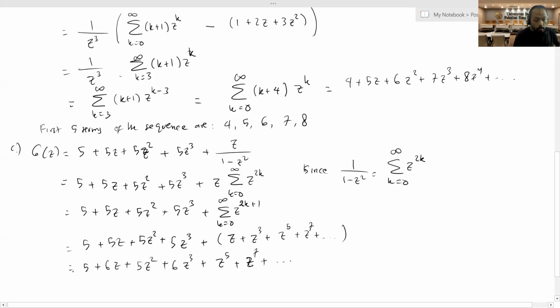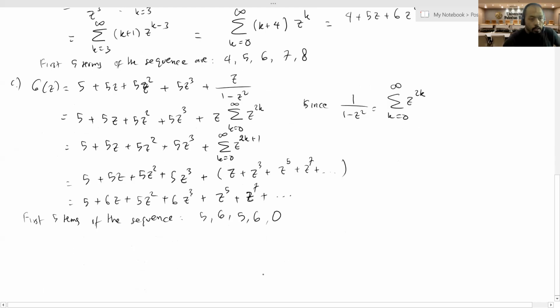So that means the first 5 terms of the sequence are 5, 6, 5, 6, and then of course 0. Very good. Now that's part C.